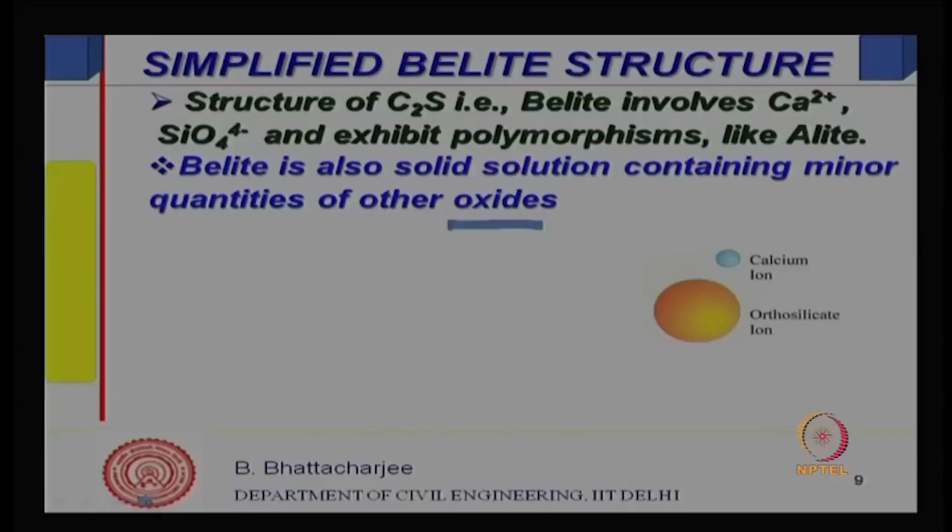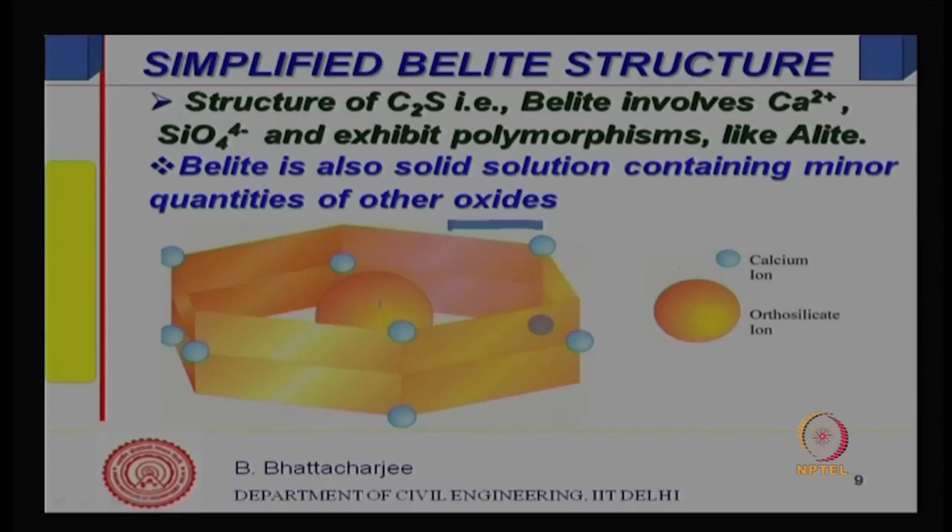If we look at it, it will look like this: the orthosilicate ion is here and these are the calcium ions with orthosilicate ions placed like this. So, this is the structure of C2S.